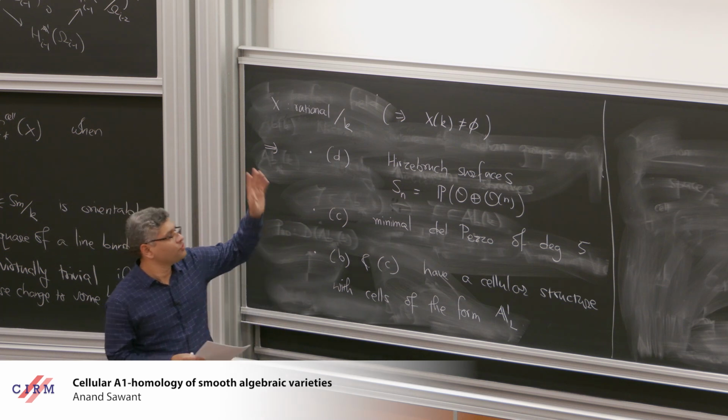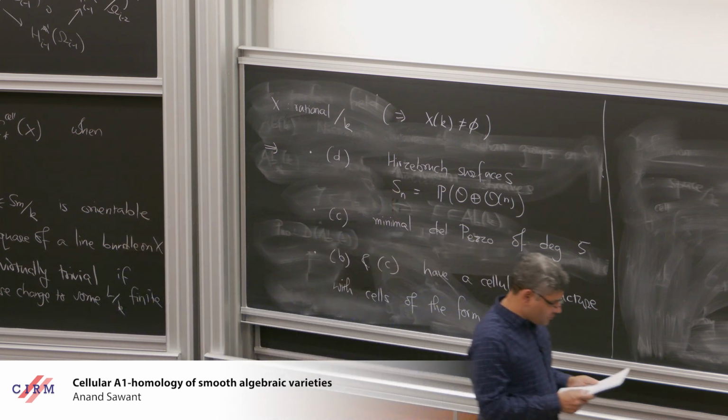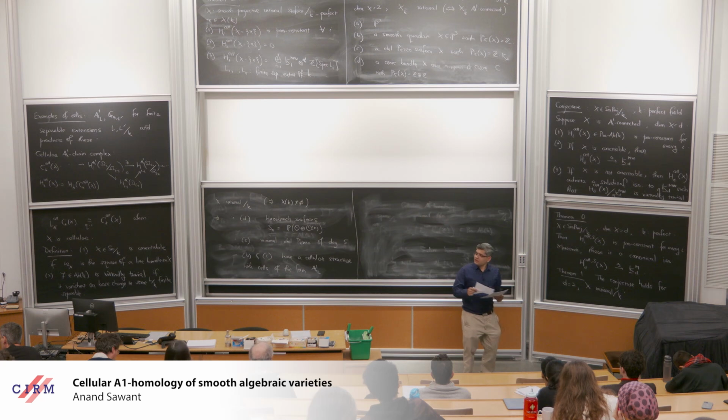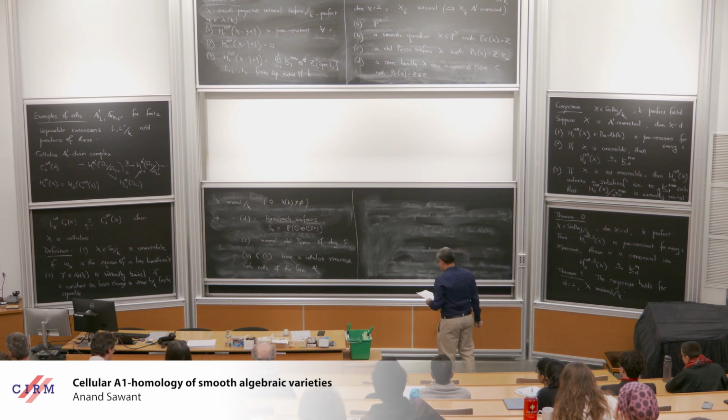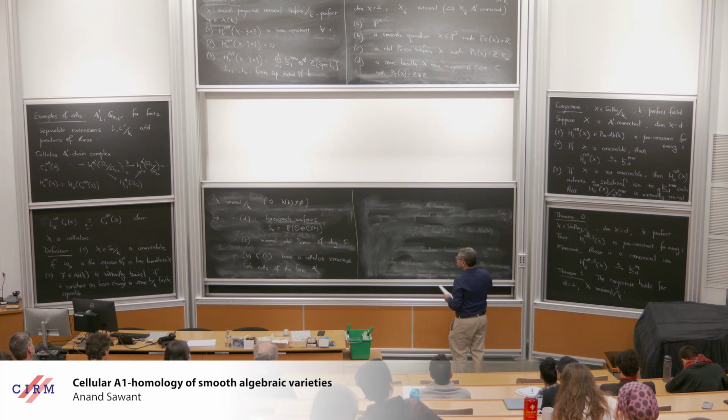I can show you either the case of the quadric or del Pezzo explicitly, but since I only have 10 minutes, let me talk briefly about how the stabilization of the conjecture under blowups works.